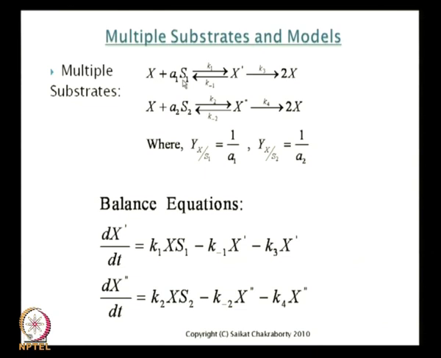And the third term is minus K3 X prime, which is the result of the formation of the product, the daughter cells. Is it clear? These three terms? It is very straightforward. And then the same thing is repeated for X double prime: K2 X S2 minus K minus 2 X double prime minus K4 X double prime. Is it clear to all? Okay.